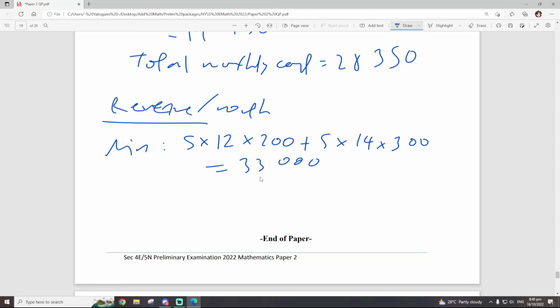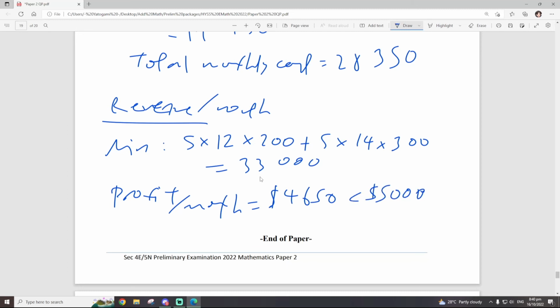So profit per month will be actually 4,650, which is less than 5,000. So it does not meet the target.